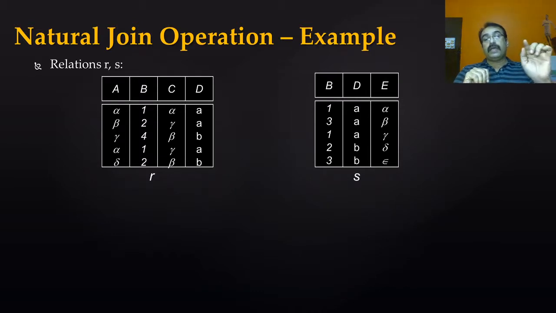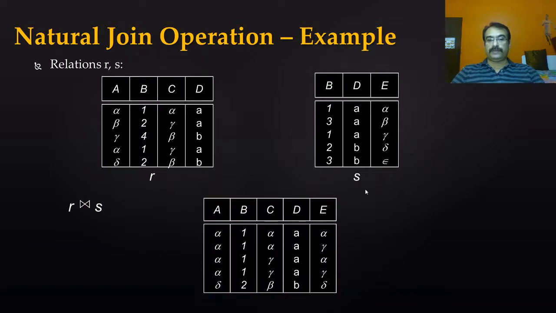That means equality imposed will be on both. The pair BD in R, the complete pair, should match with the pair BD in S. Then only it will appear in the output.